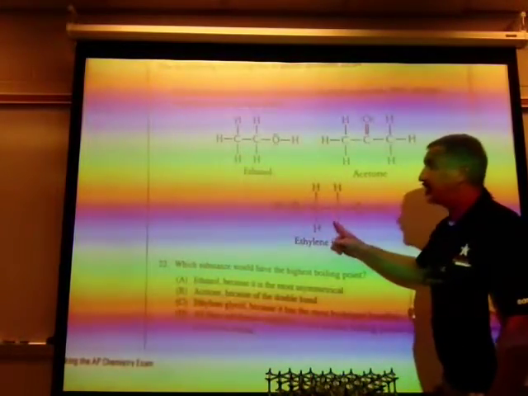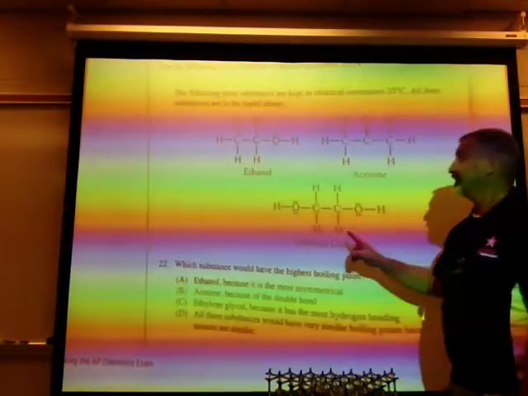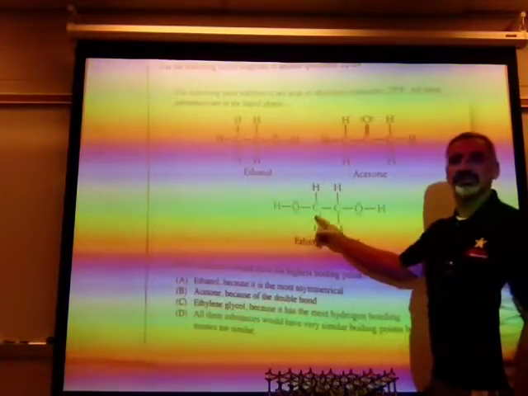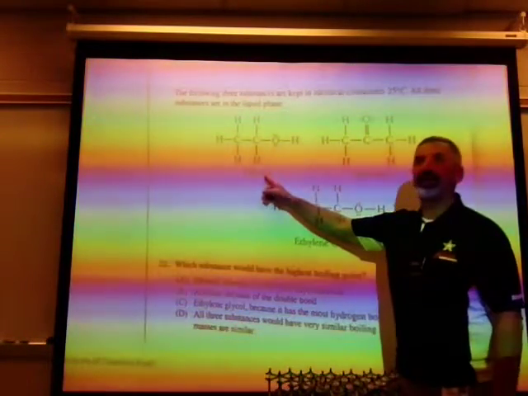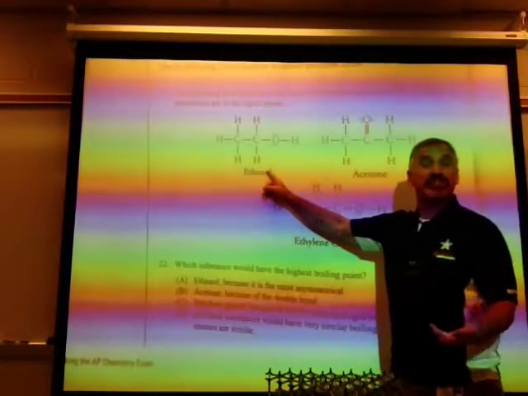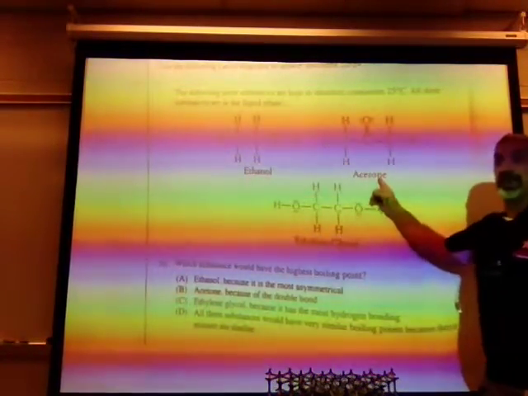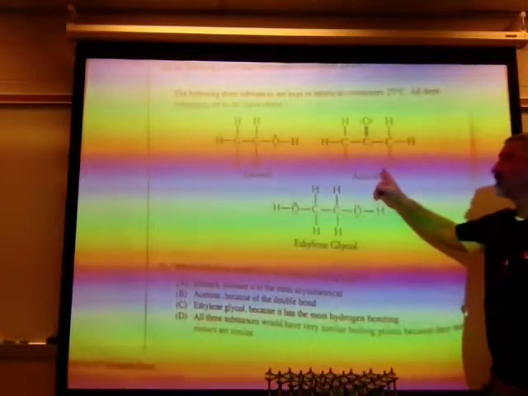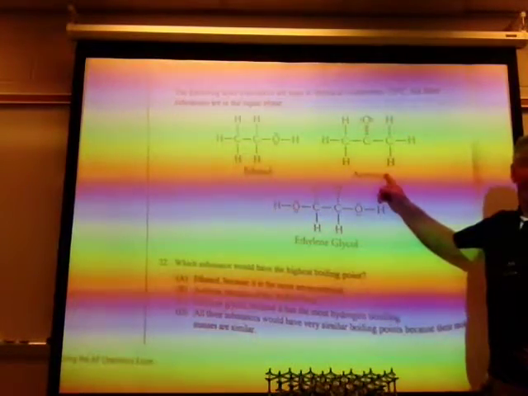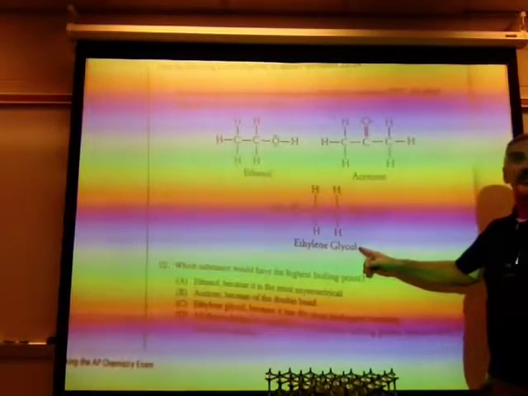Now between these two, how do we tell? This one has two places. And so this is your ethanol, alcohol. This one boils at around 78, 79 degrees Celsius. This is your fingernail polish remover, and it evaporates very quickly. And then this one is antifreeze, ethylene glycol.